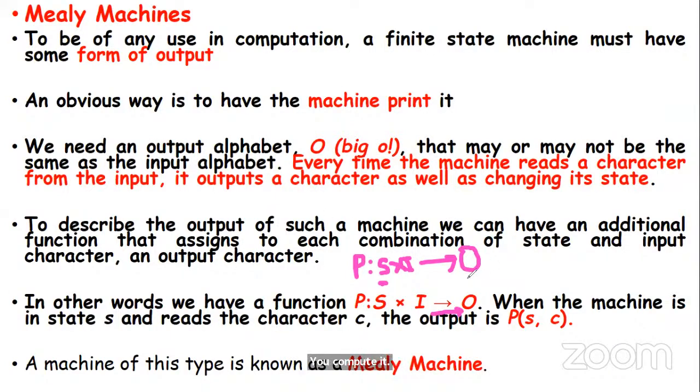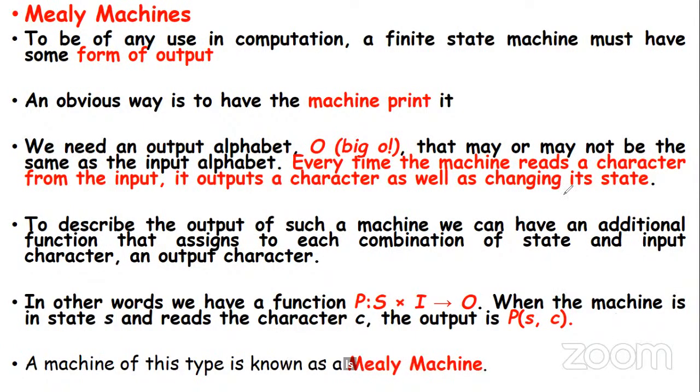That means you are printing an output for us to see very clearly. So we have this function: when the machine is in state S and reads the character C, the output is P of S comma C.